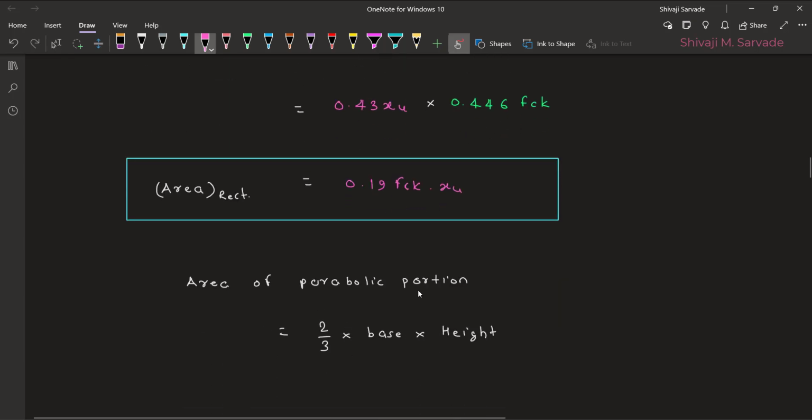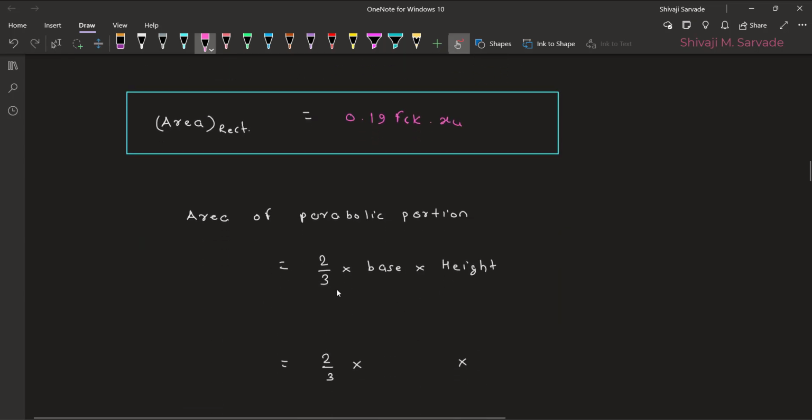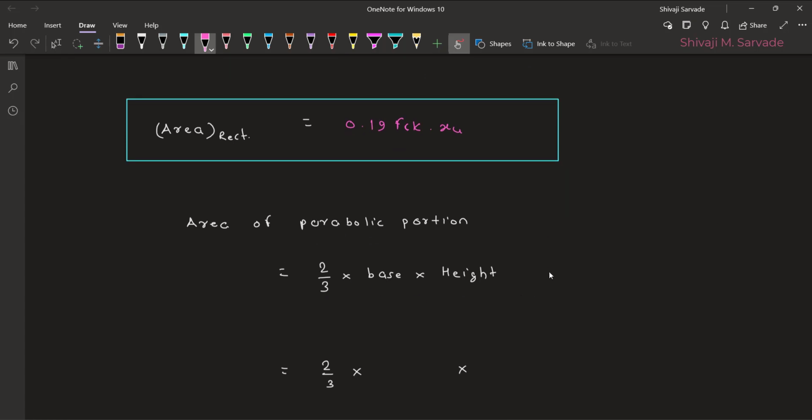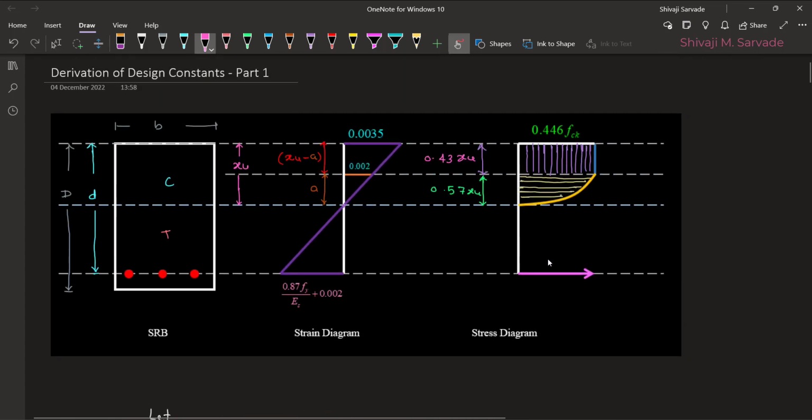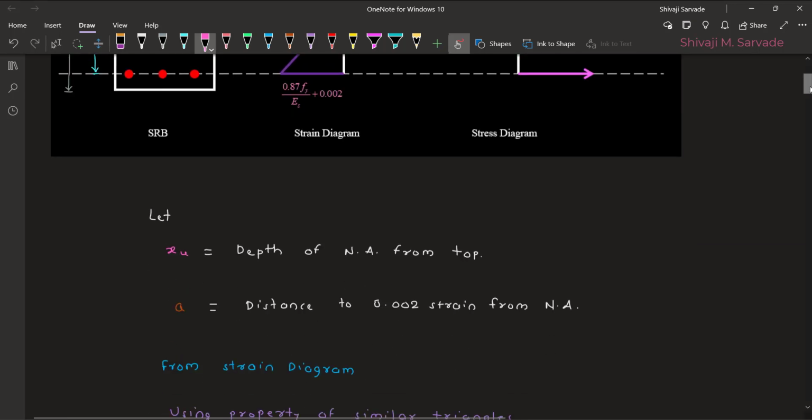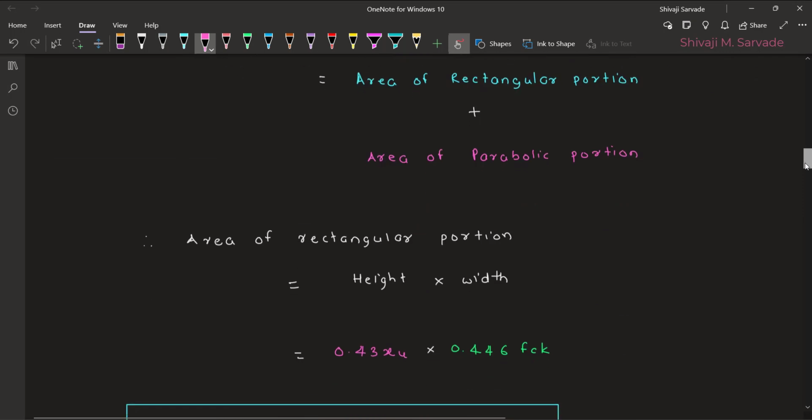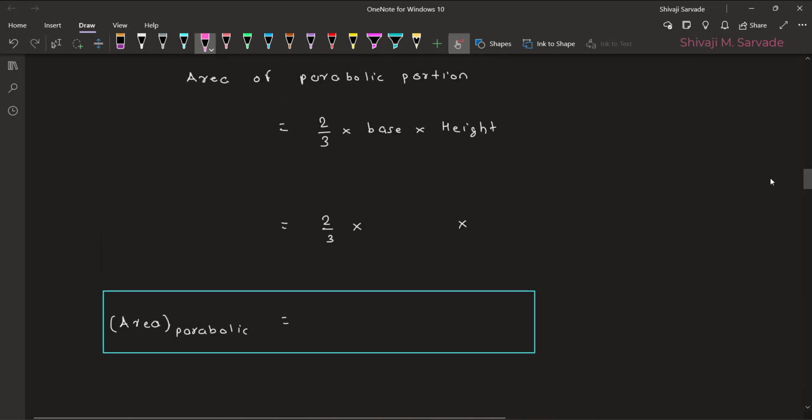Now similarly we have the parabolic portion. The area of a parabola is 2/3 base into height. Now base we know and height also we know. So let's say the base of the parabola is 0.446 fck and the height of the parabola is 0.57 Xu. If we substitute this back, we have 2/3, base 0.446 fck, and height we just calculated, 0.57 Xu.